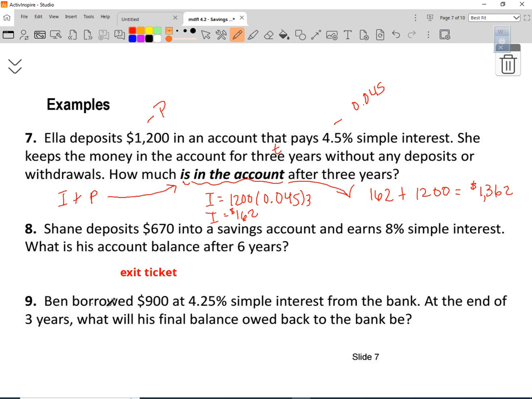So number 8 is part of your exit ticket. Remember, this one is like the one above. It's not just the interest that you're finding. I think we're going to skip this, so write skip on there. I'm not going to do that one. It's just like some of the other ones we're doing.